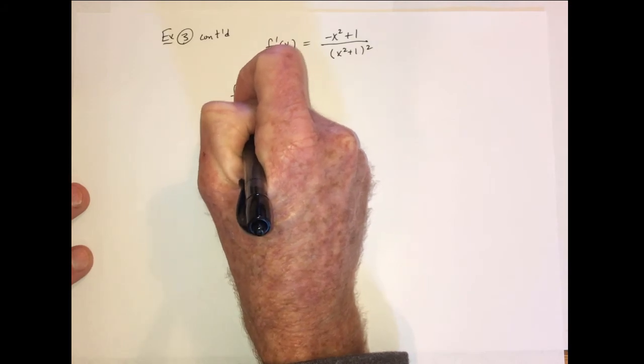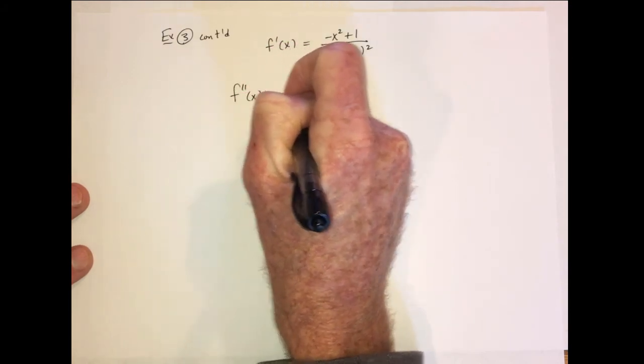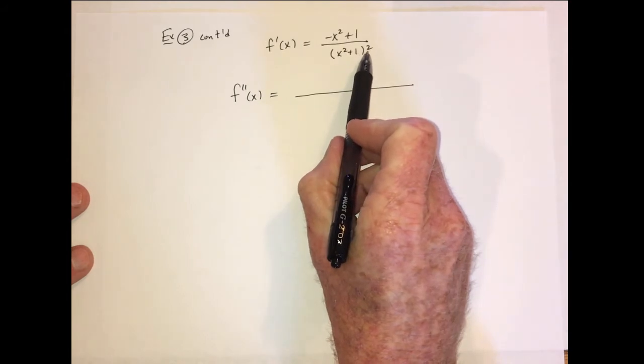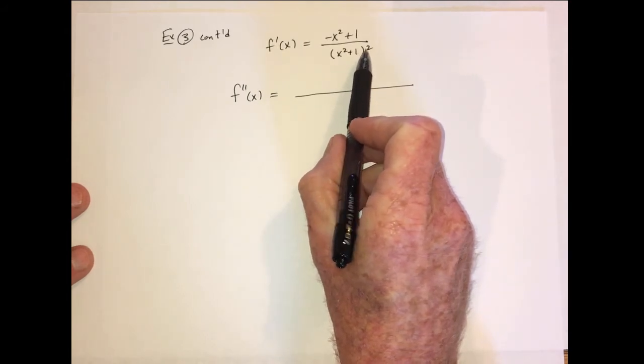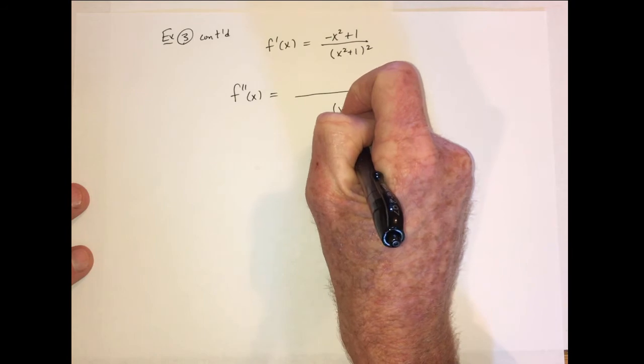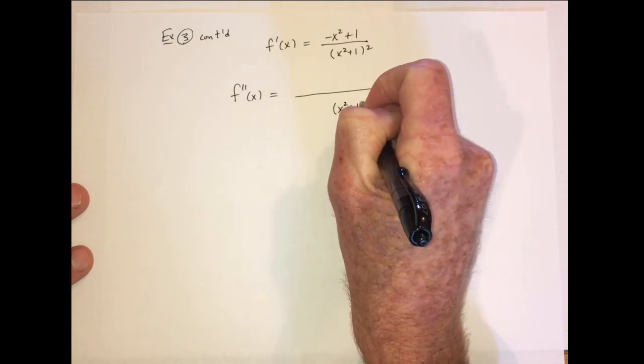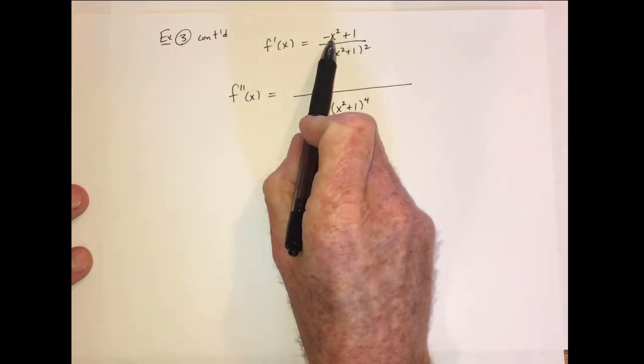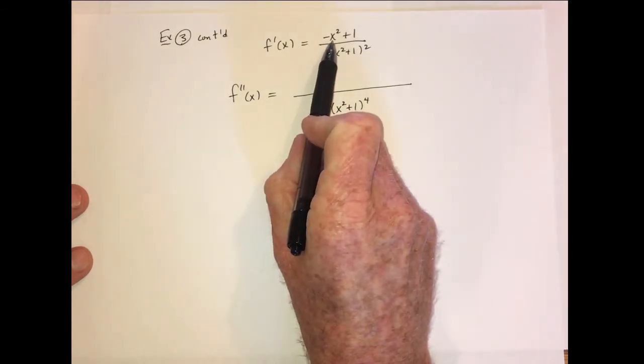So then the second derivative is going to be, so as part of the rule, this needs to be squared. So when you square a square, it makes it to the fourth.